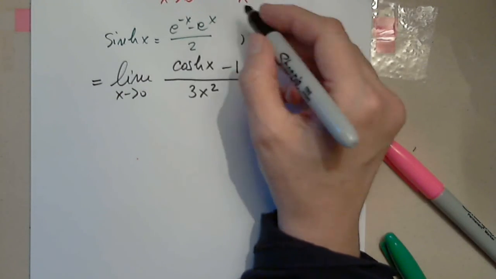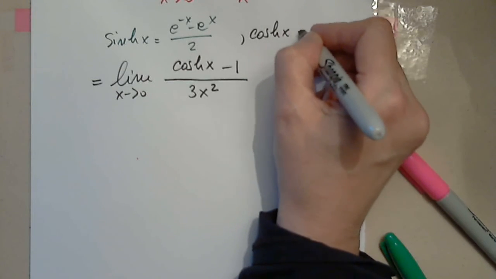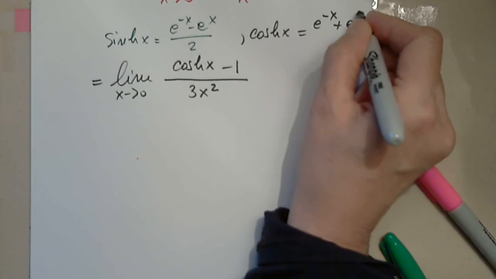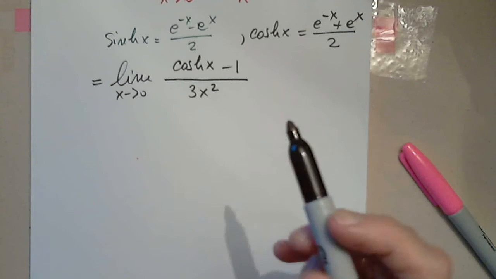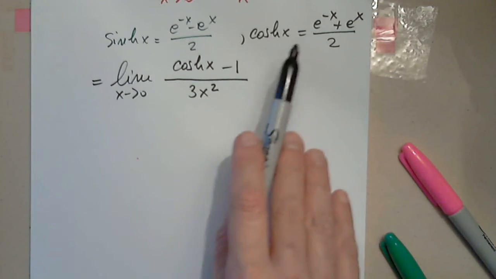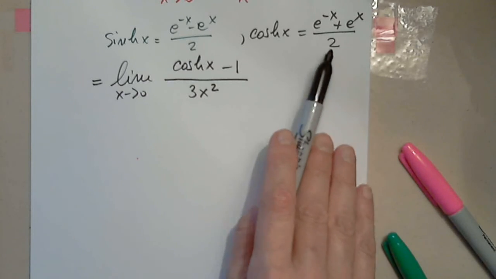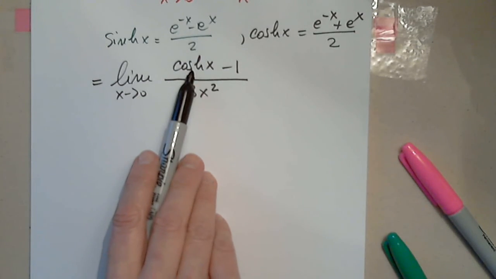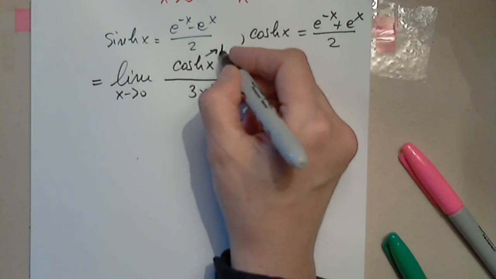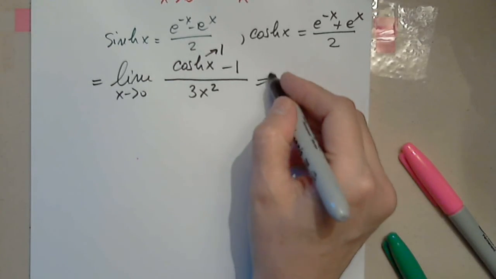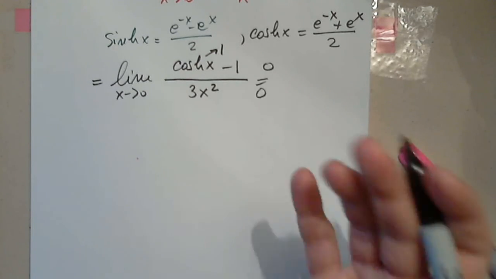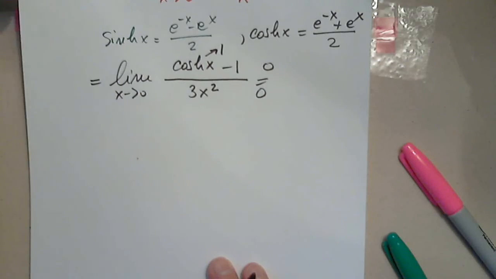It has plus. So hyperbolic cosine is e to negative x plus e to the x, divided by 2. So when I plug in 0, then I have 1 plus 1, 2 over 2. So this is 1. So this approaches 1. 1 minus 1, the numerator is 0, the denominator is still 0. I'm in business. I can apply L'Hopital's rule again.